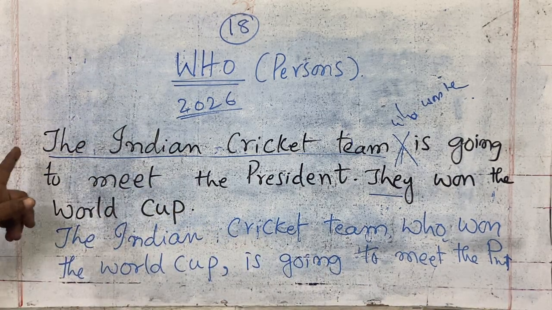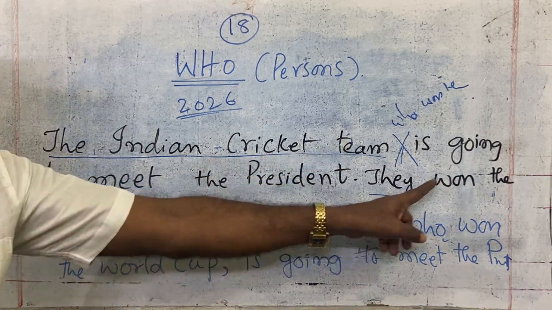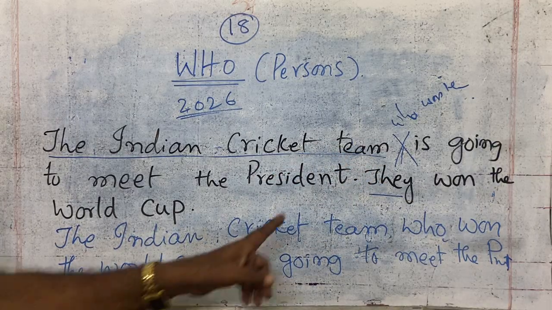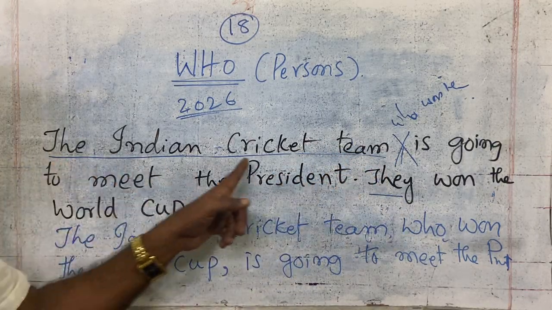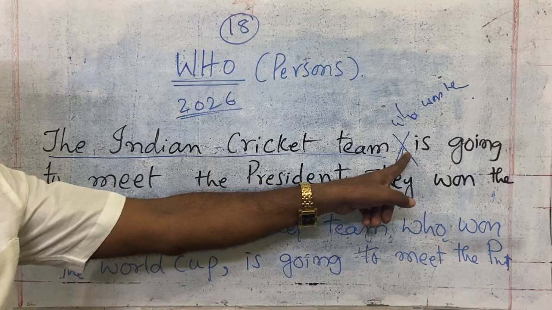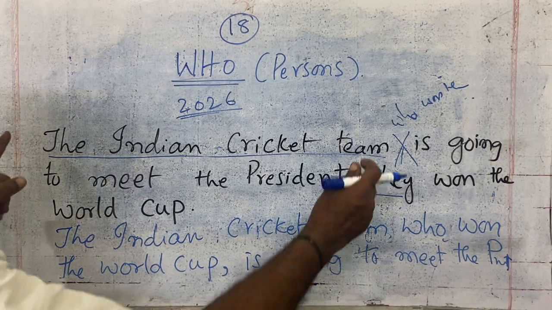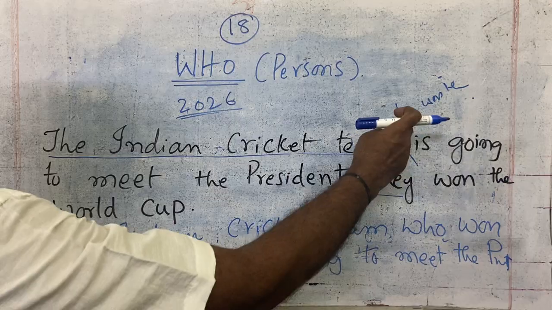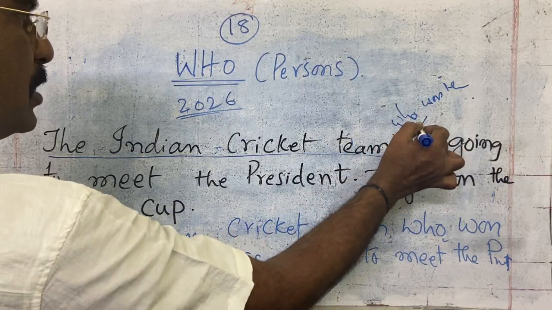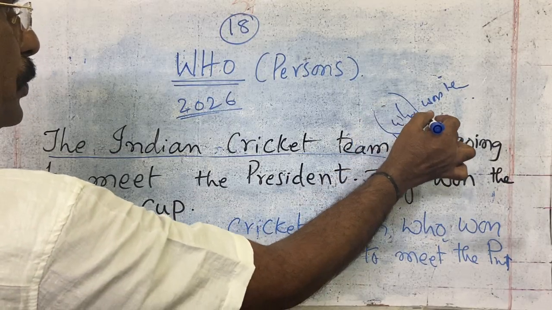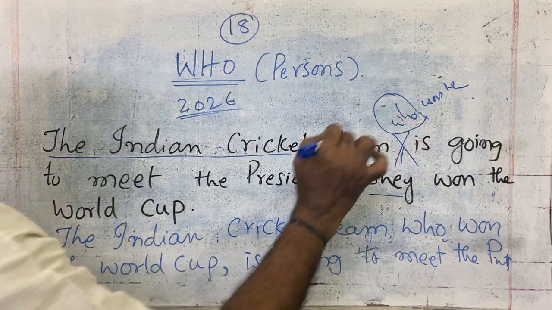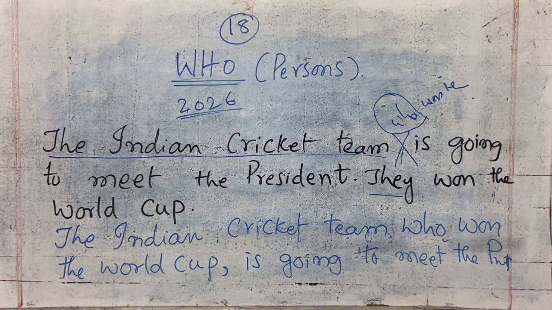So here, as the subject is the same, the relative clause is coming after the subject of the first sentence. This is the model question given in 2026. In some cases the subject is different, then the relative conjunction is used differently.